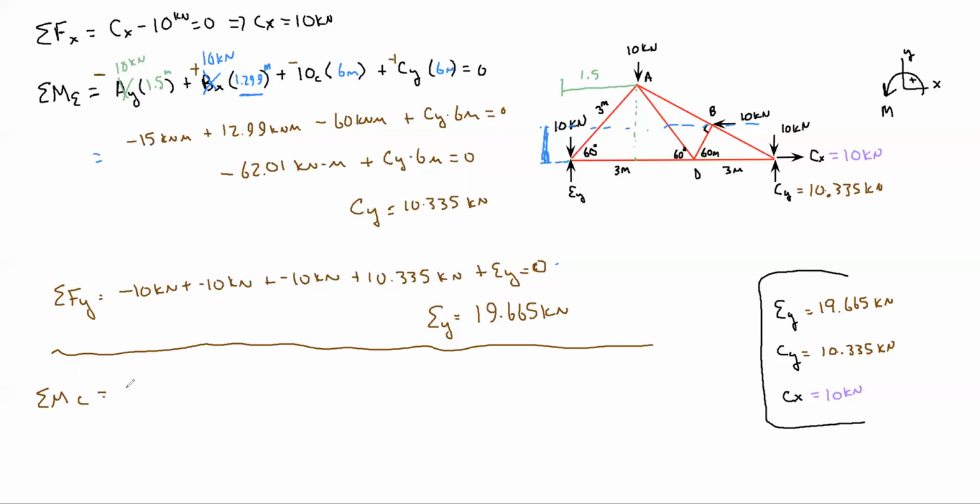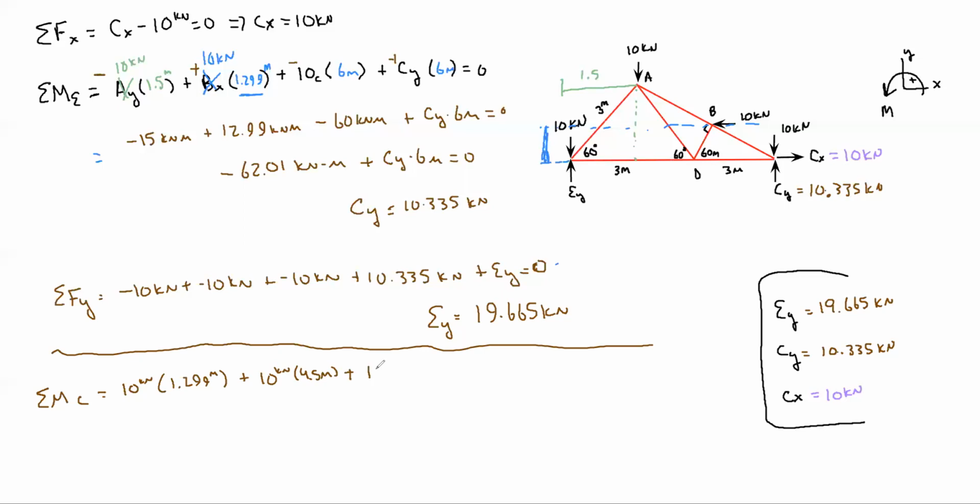You still have 10 kilonewtons times 1.299 meters plus 10 kilonewtons times 4.5 meters. That 4.5 meters comes from point C, from the 3 plus 1.5.